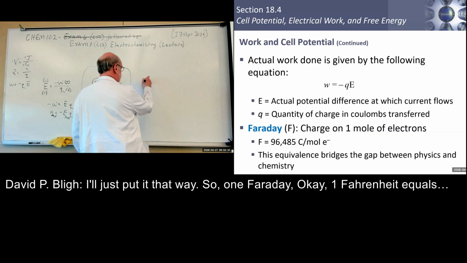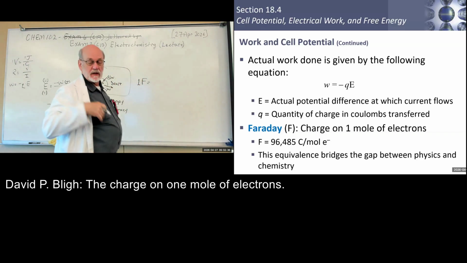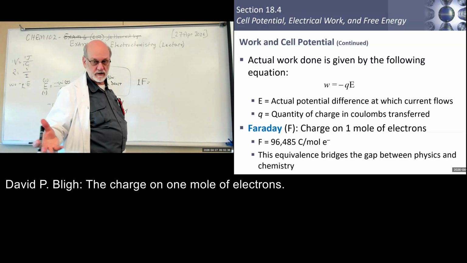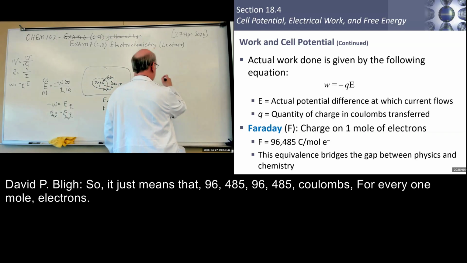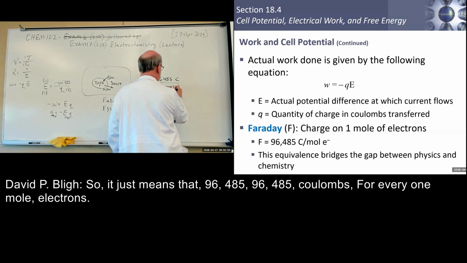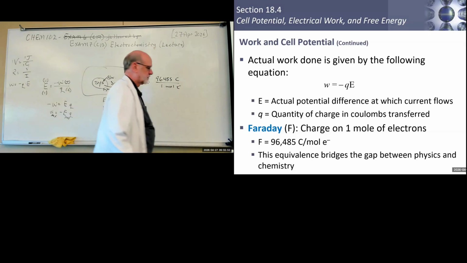So one Faraday equals the charge on 1 mole of electrons. It just means 96,485 coulombs for every 1 mole of electrons.